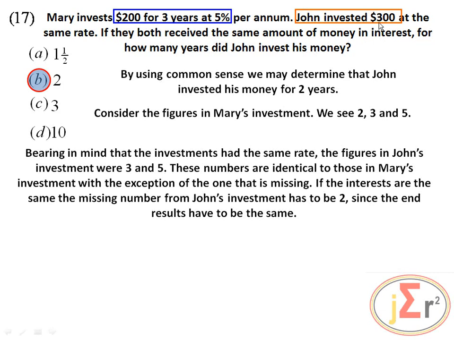And considering this significant digit here, we have a 3. So in John's investment, we have a 3 and a 5. And in Mary's, we have 2, 3, 5. If they are equal, then what? Only the 2 is missing from John's investment. Therefore, we know that the answer is actually 2 years.